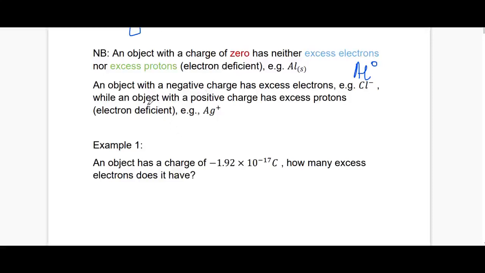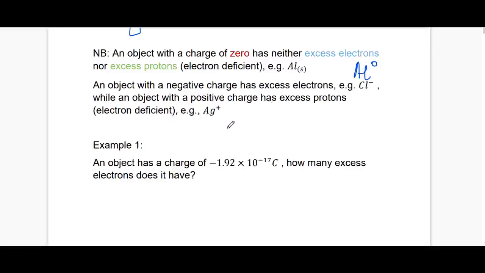Another point: an object with a negative charge has excess electrons. Cl minus has 1 minus there, you see, so it has excess electrons. And an object with a positive charge has excess protons.